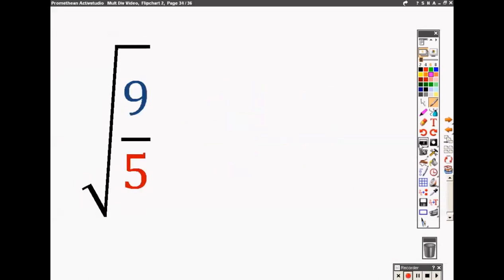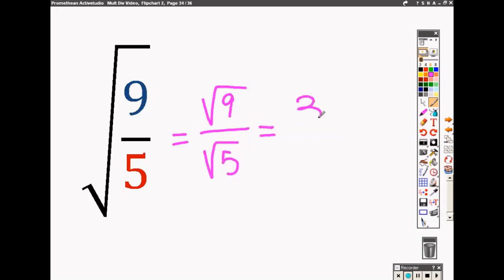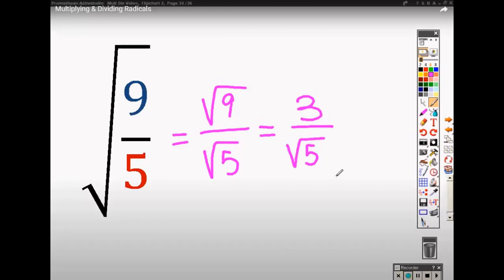And we have to care about the denominator being an integer number. In this question, square root 9 over square root 5, note that we will not accept square root 5 in the denominator. We have to make the denominator an integer number. Square root 9 becomes 3, but the problem now is the square root 5 in the denominator.